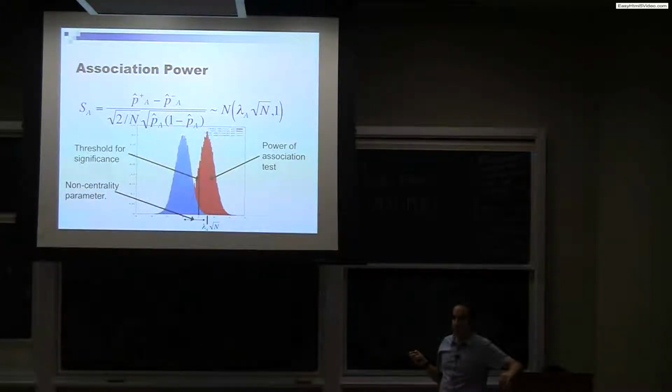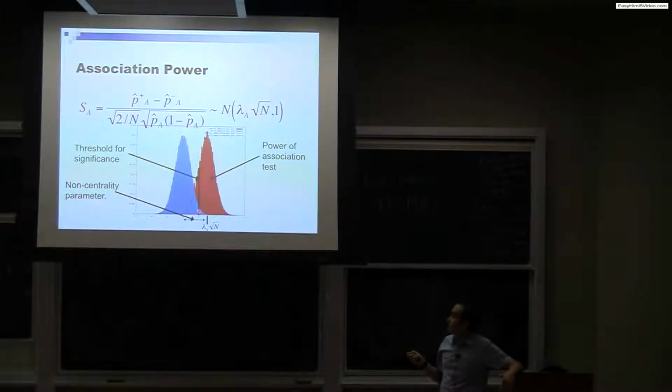If there's no association, we'll be coming from this blue curve. What's our definition of saying something's significant? Whenever we're above this threshold. So if, let's say, the threshold is 0.05, what would be the area of the blue curve beyond this part right here? 2.5%, right? That was like previous examples.